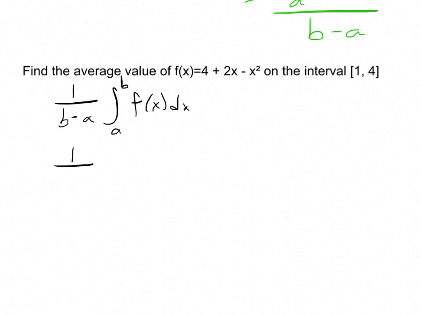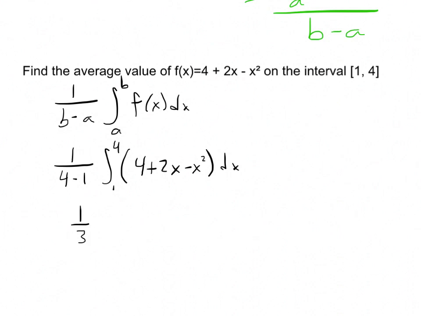This is 1 over 4 minus 1 times the integral from 1 to 4 of 4 plus 2x minus x squared dx. So this is 1/3 in the front. We can actually take this antiderivative. It'll be 4x plus x squared minus 1/3 x cubed. And that will all be evaluated between 1 and 4.